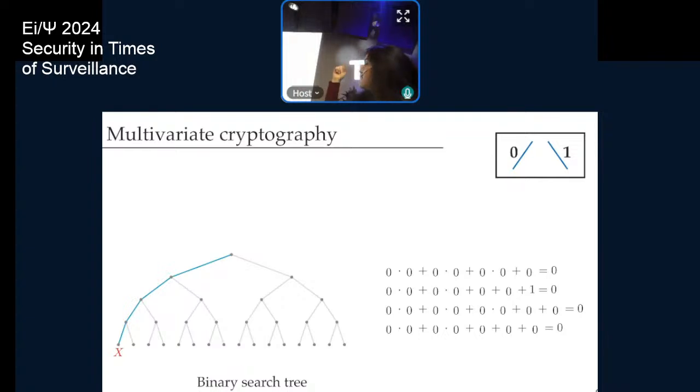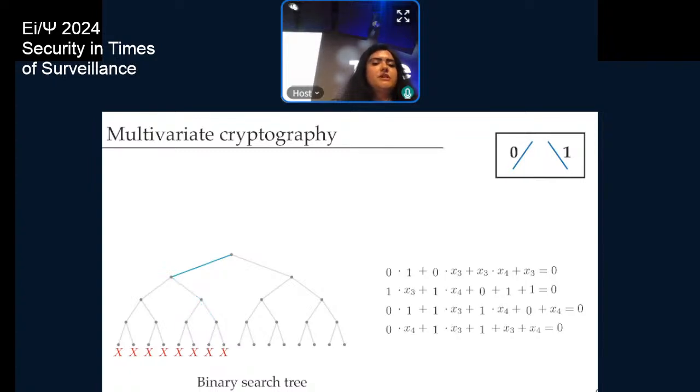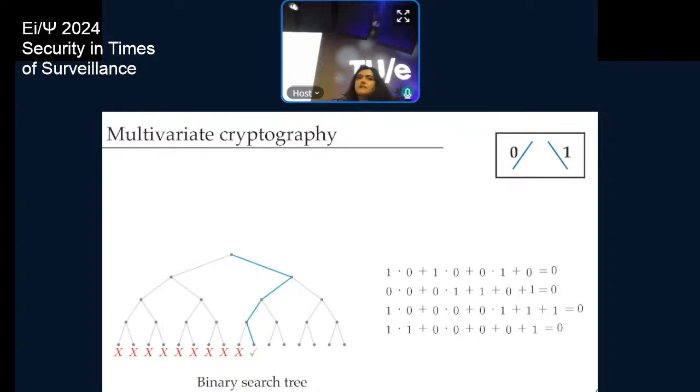Here they don't because of the second one. So then you need to go back, give another assignment to the last variable that you did, and try that one. If it doesn't work, you try another. This builds a depth first search in a binary search tree until eventually you find something that is a solution to the system, and then you have one.